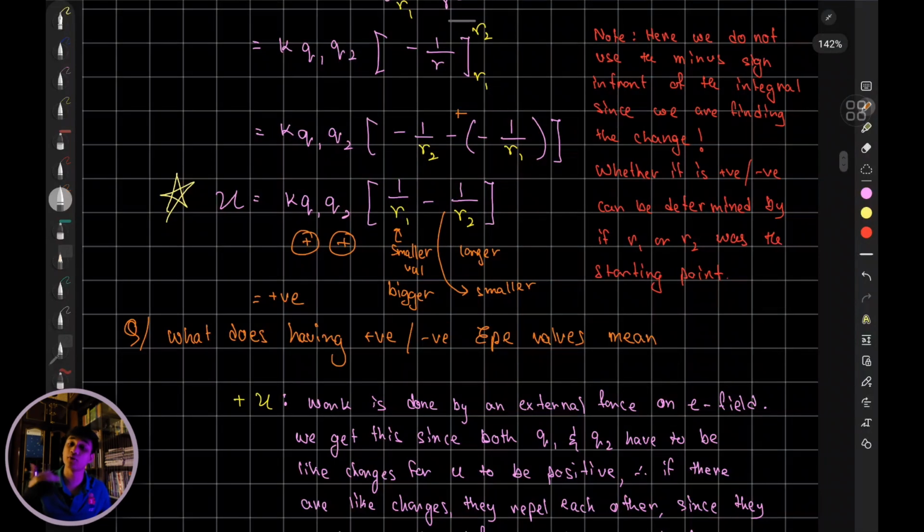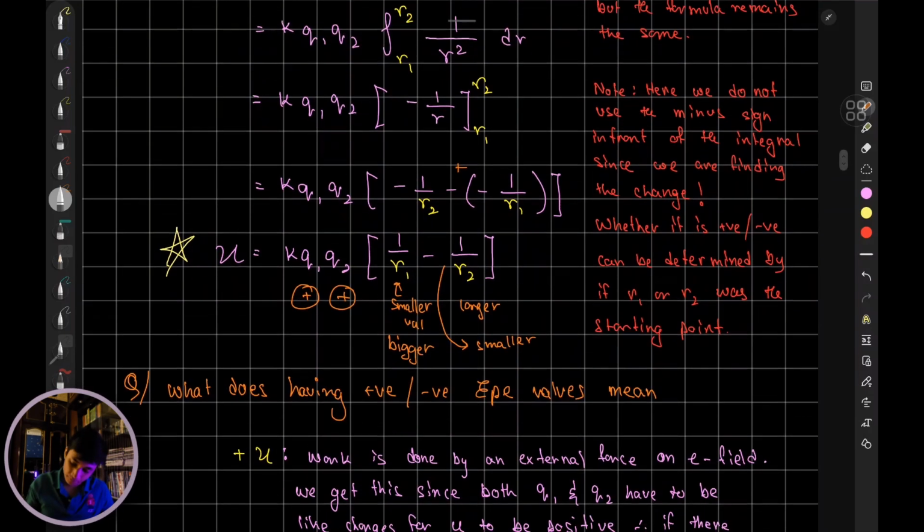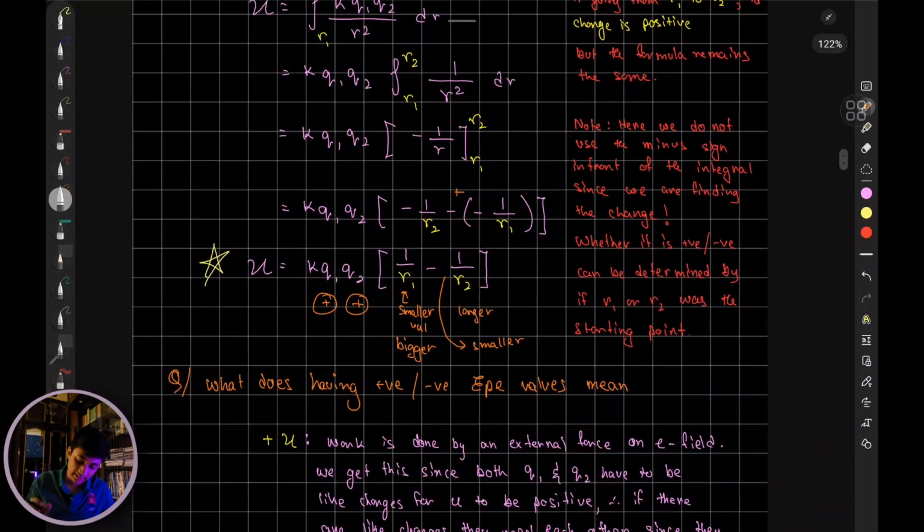However, that is your change. This value that you get after subtracting both of these and multiplying the entire thing, you're going to see your final answer is actually positive. But do not worry about the sign. Why? Because in that case they're talking about the change, right?